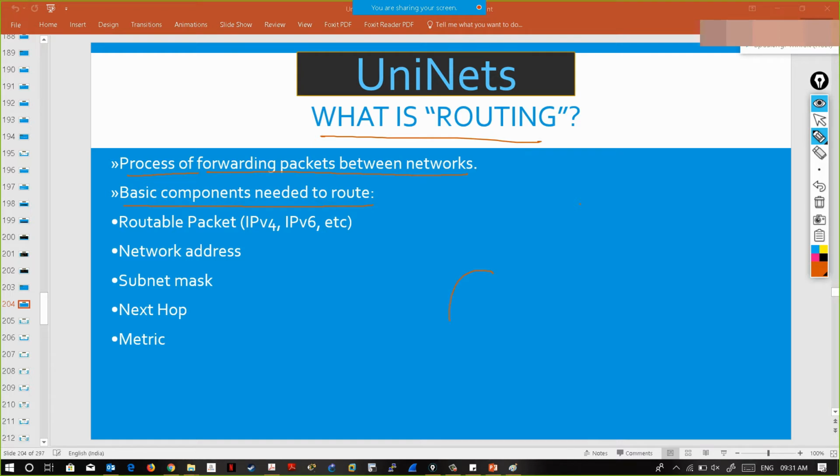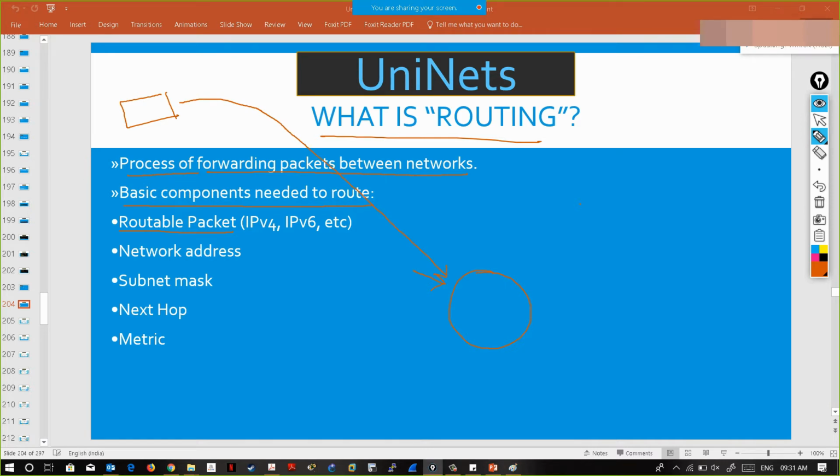This is my router, right? It needs some components in order to route the packet from one network to another network. And those are: a routable packet, that is a packet encapsulated in a protocol where that protocol must be able to run on this router.